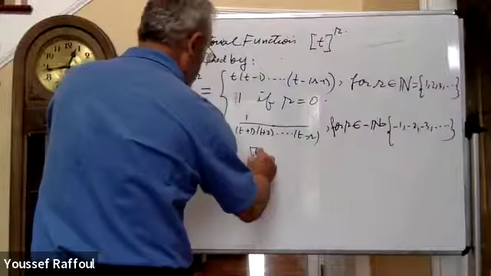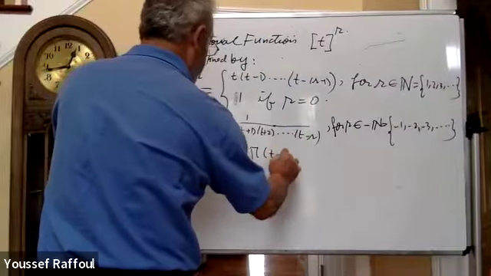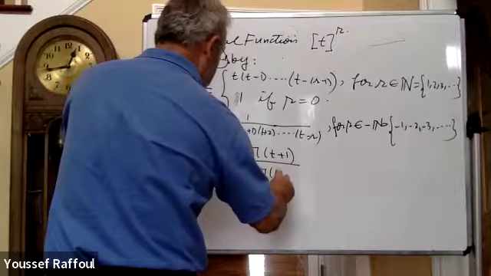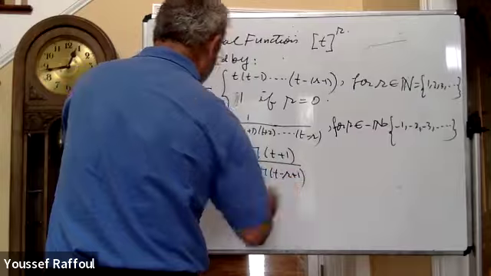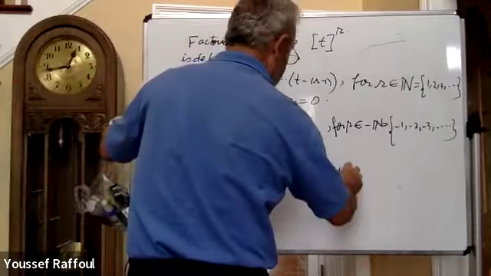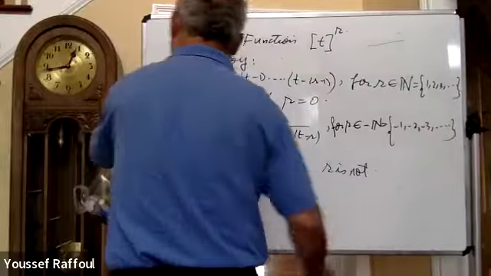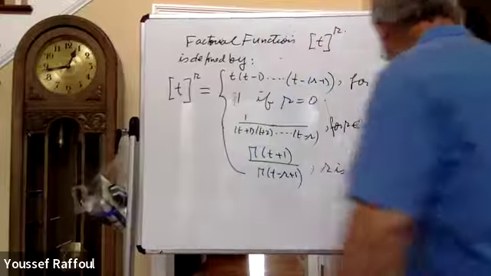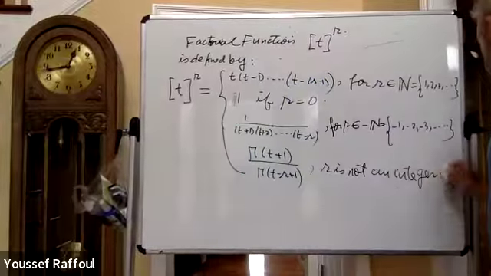And it is the gamma function of t plus 1 over gamma of t minus r plus 1 if r is not an integer. So if r is not an integer, okay?